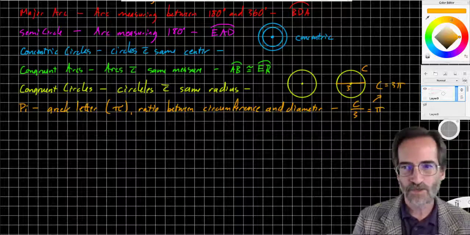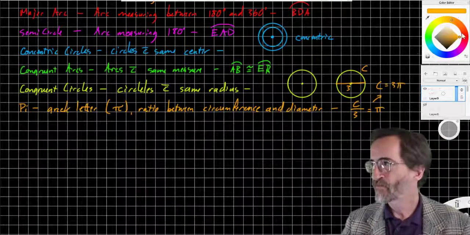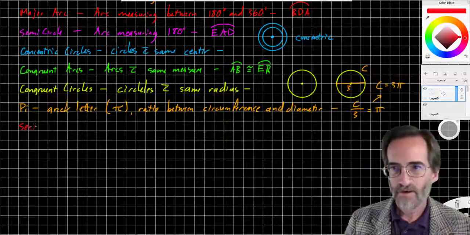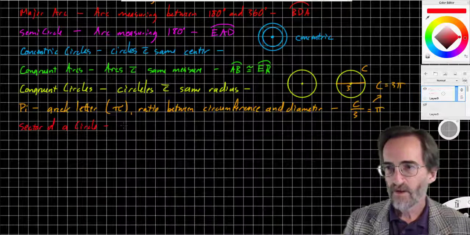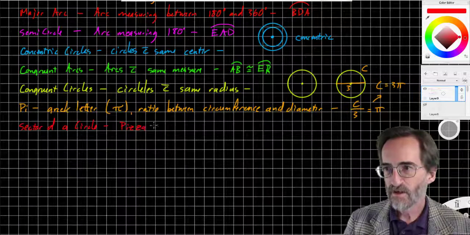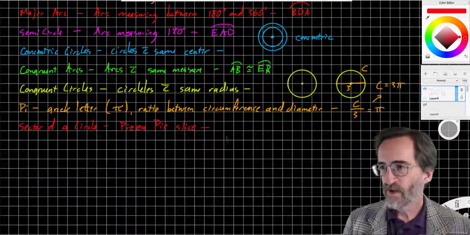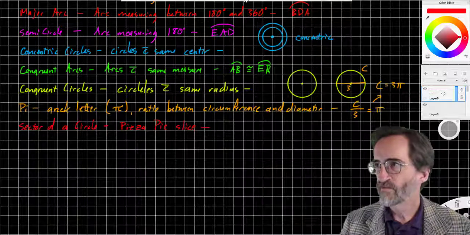It's got 2 words. Sector of a circle. Okay, I'm just going to define it as a pizza pie slice. Okay, that's a sector. So I'm going to draw a circle.